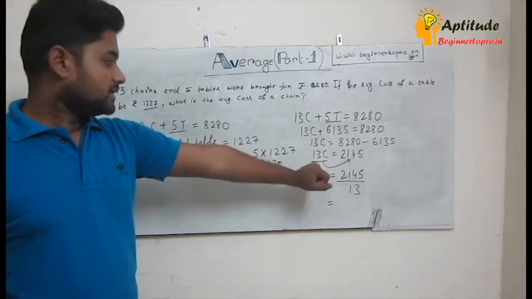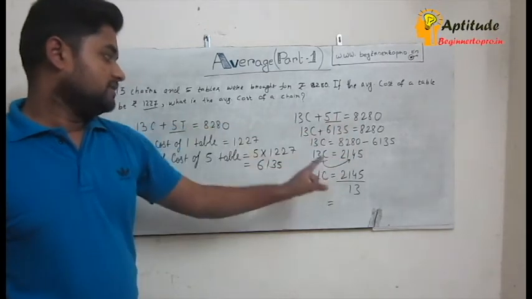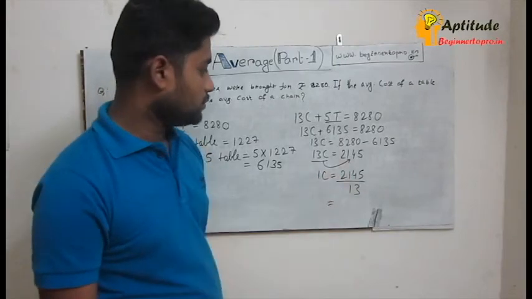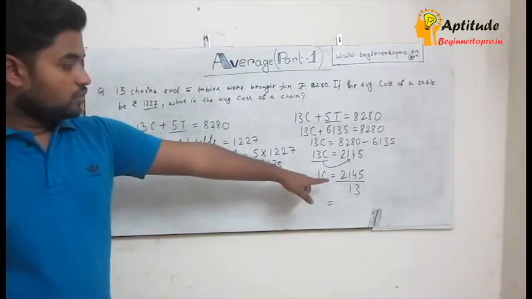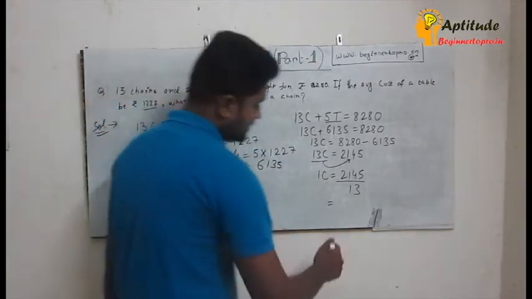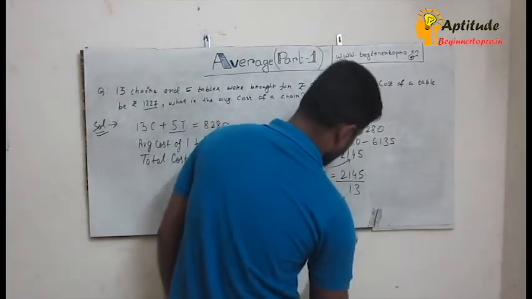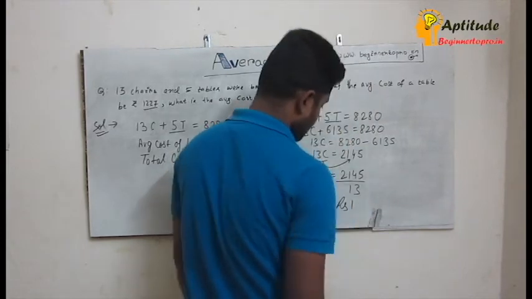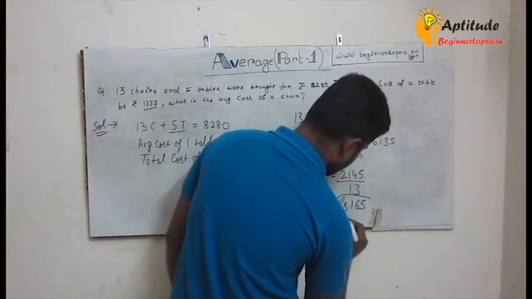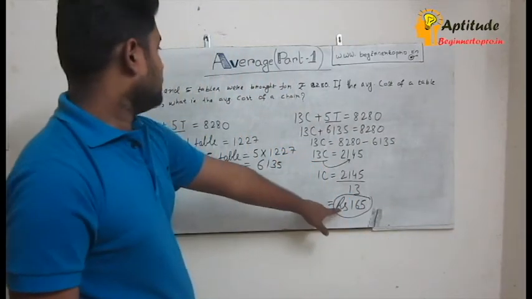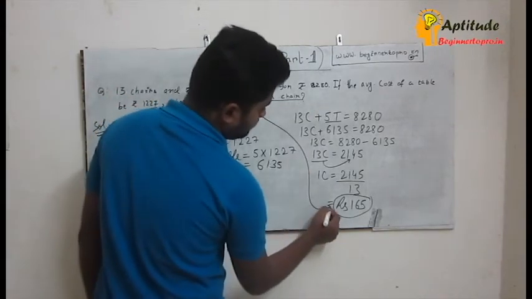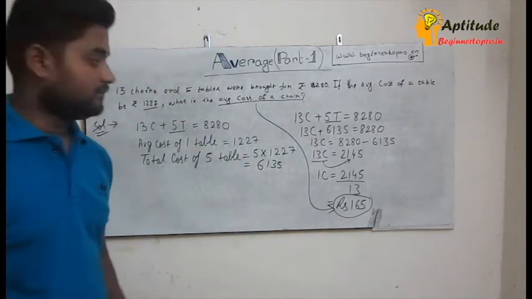Or we can say, by using the unitary method, if the cost of 13 chairs is 2145, then the cost of 1 chair will be 2145 upon 13. What will be the answer? 13 fives are 65. So this is your answer. The average cost of a chair is rupees 165.